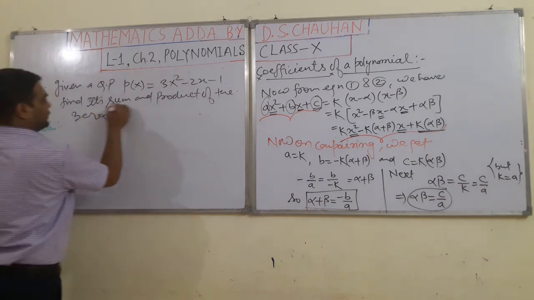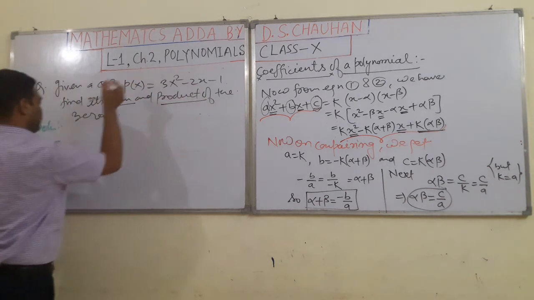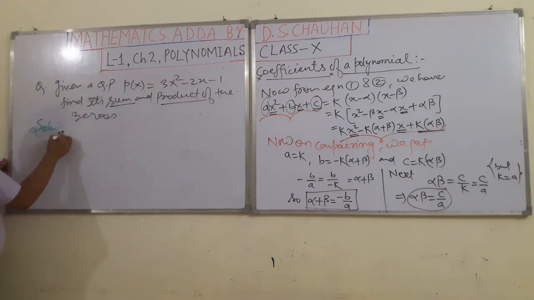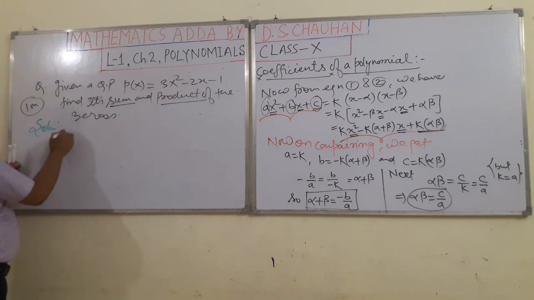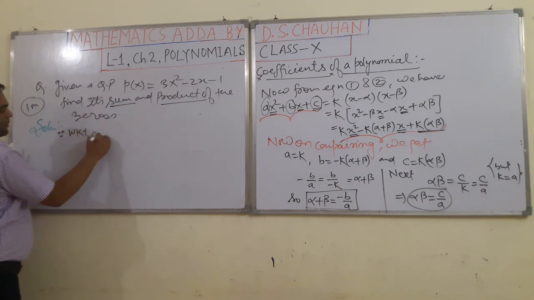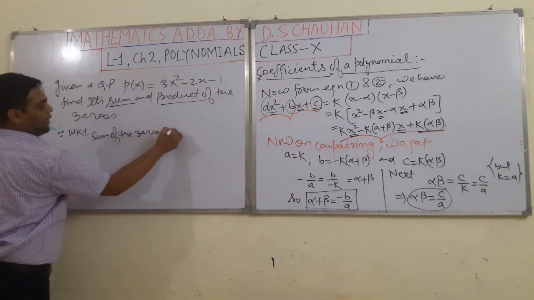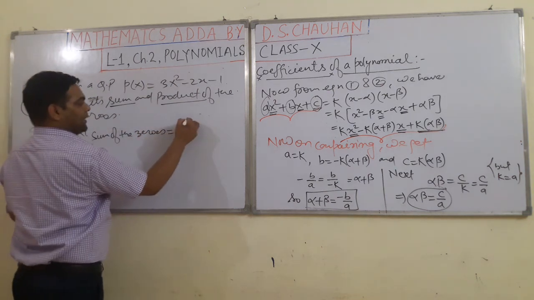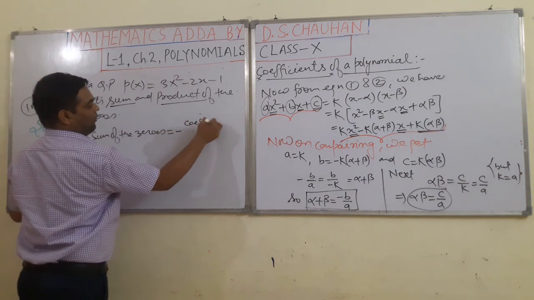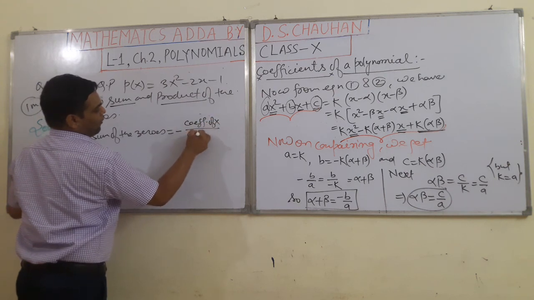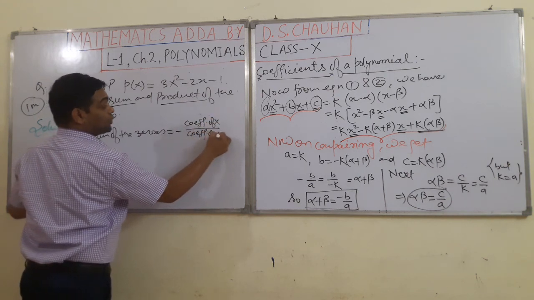We have to find out the sum and product of the zeros. Since we know that it is a 1 mark question, students, easily you have to write, since we know that the sum of the zeros is minus coefficient of x upon coefficient of x square.